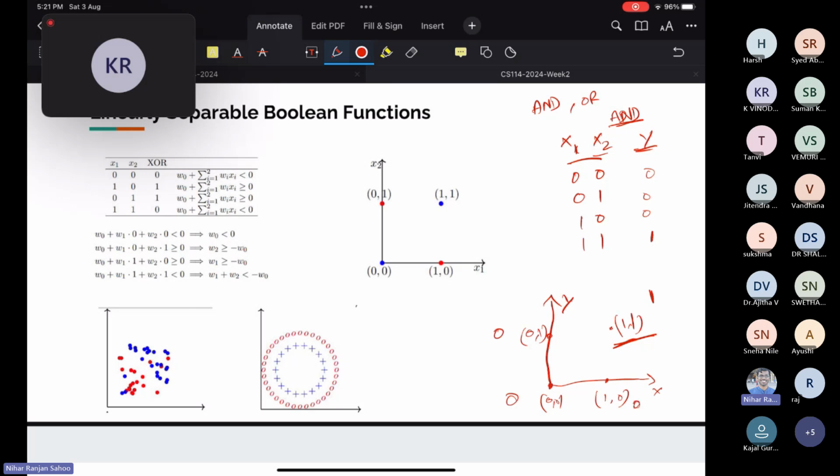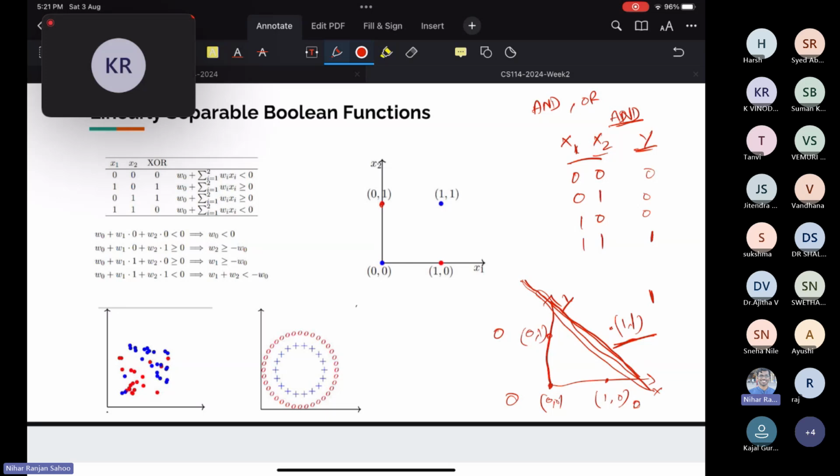If we want to draw a line to linearly separate these four points into two classes, we have a lot of options here. But that was a problem in the case of the XOR Boolean function, as we discussed. This is the example of the XOR Boolean function.